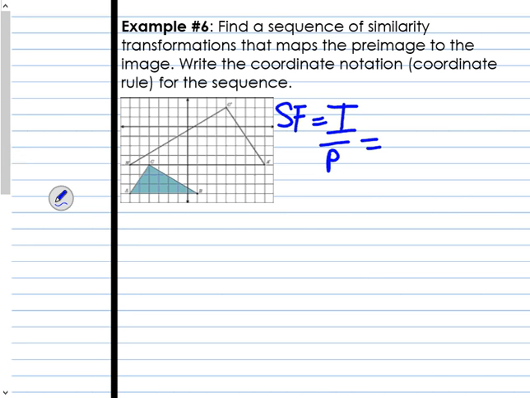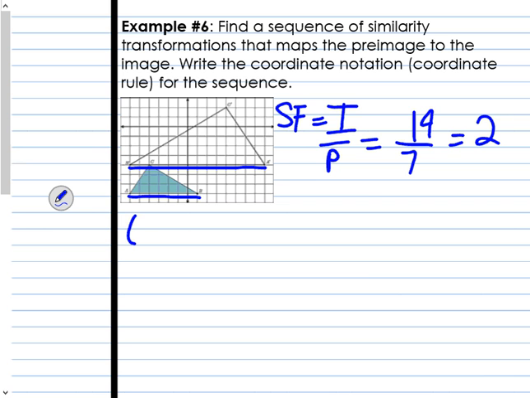It's kind of small, but you can see that the smaller shape is the pre-image, the larger shape is the image because the larger shape is marked with prime. So the length of the straight line is 1, 2, 3, 4, 5, 6, 7, and the length of this straight line is 14. So my scale factor is 2.